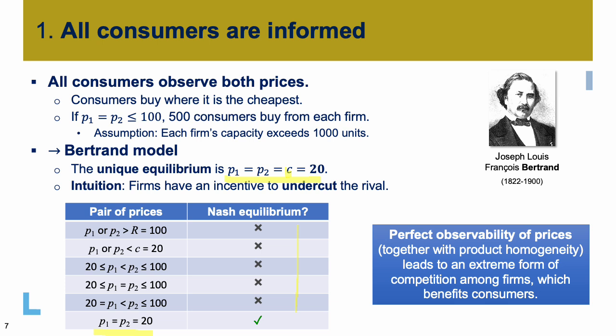Okay, so we recall here that because firms are setting prices simultaneously and sell exactly the same product, and because consumers can observe the two prices, competition becomes extremely strong, and as a result, consumers can buy the product at marginal cost, so their consumer surplus is maximized, but the firms make no economic profit in this case. So that's the best possible scenario you can think of if you are a consumer.